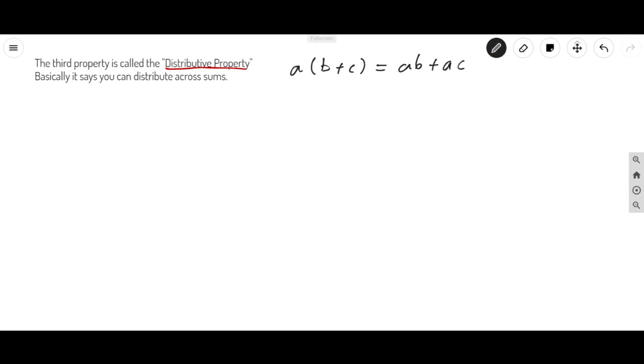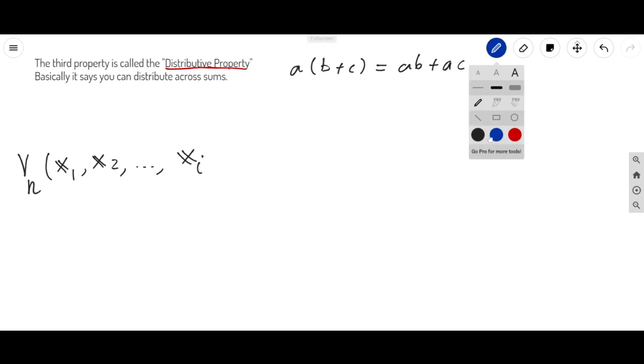And Vn has the exact same property. So let's write down what it says. It says that if you have Vn and you have a bunch of vectors, x1, x2, somewhere you have an xi, and then you add to it some vector, let's call that vector y.